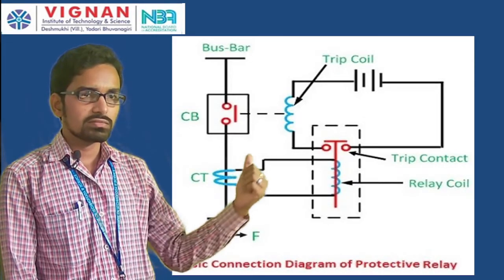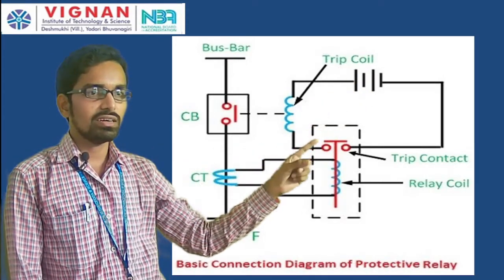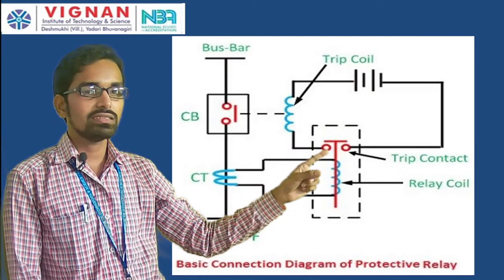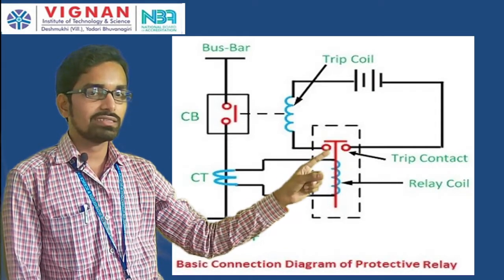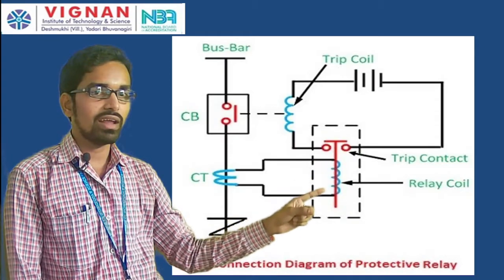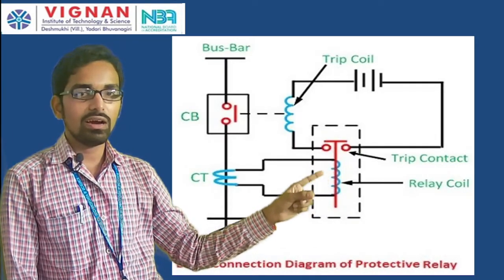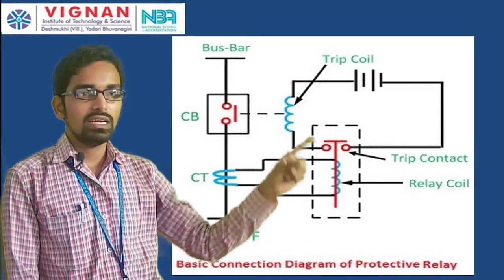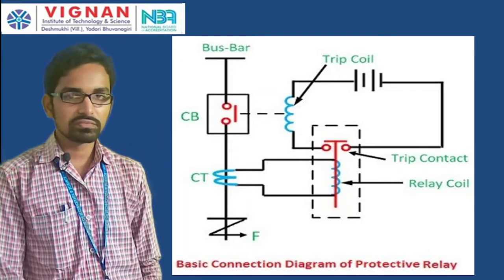Here we have the trip coil, and there we have the DC supply for the trip coil, and these are the contacts of the relay, that is the trip contacts, and next this is the relay coil, which we call ROC, the relay operating coil, and there is a bus bar.